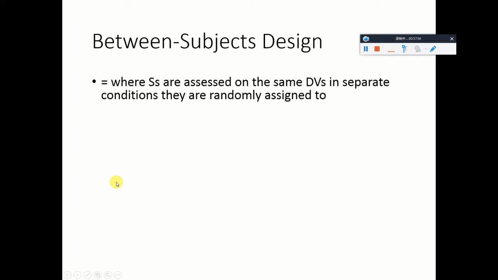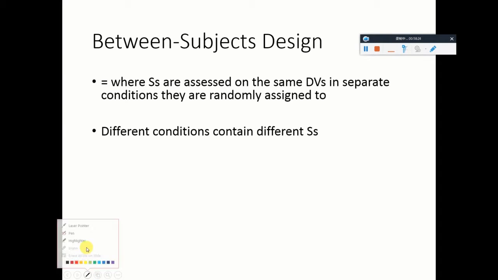So, in general, a between subject design or between subjects experiment is an experiment in which participants are assessed on the same dependent variable in separate conditions that they are randomly assigned to. In other words, different conditions contain different subjects. Right?